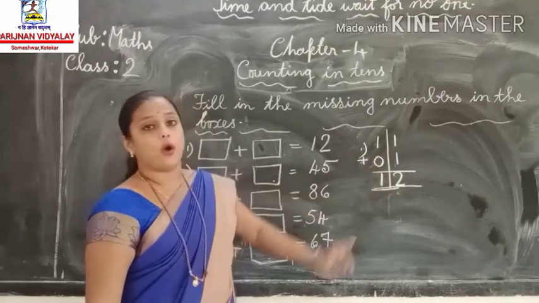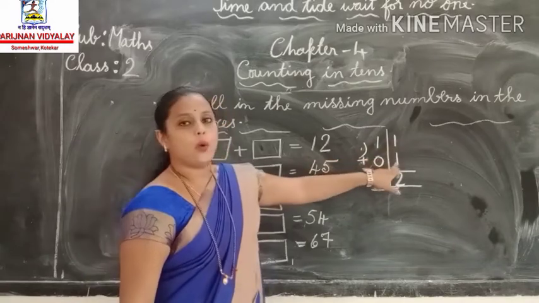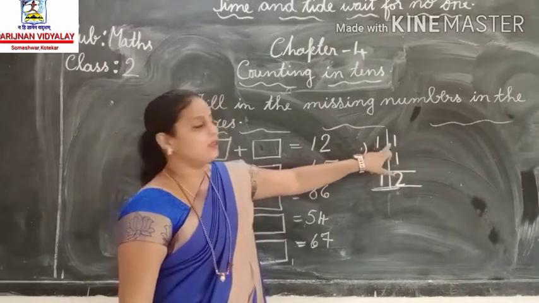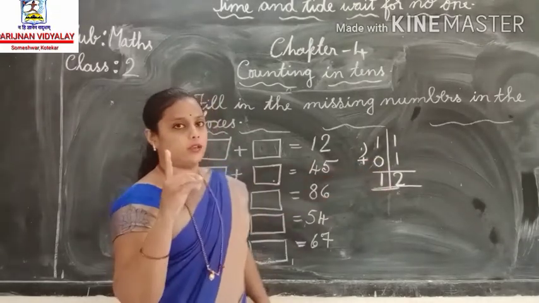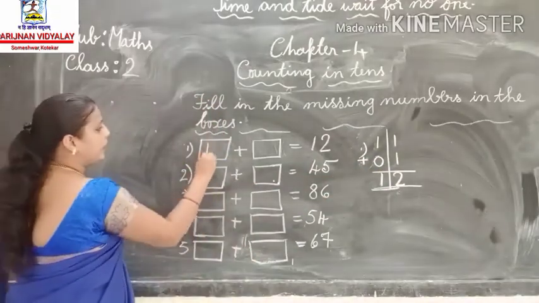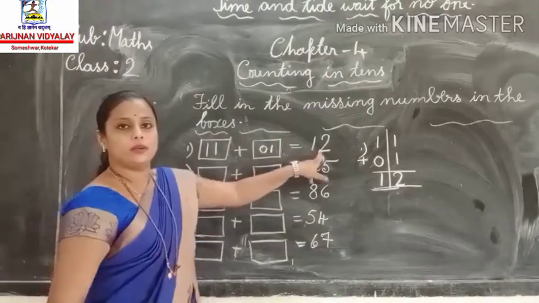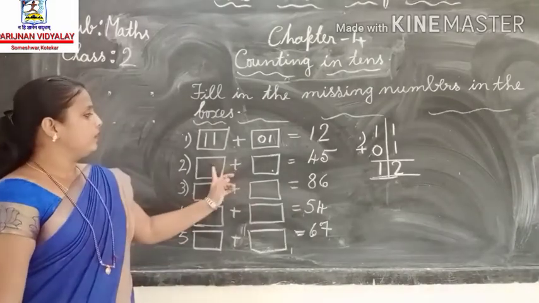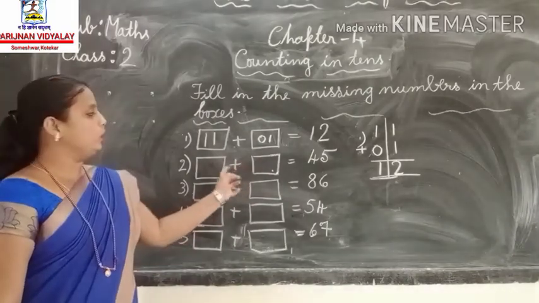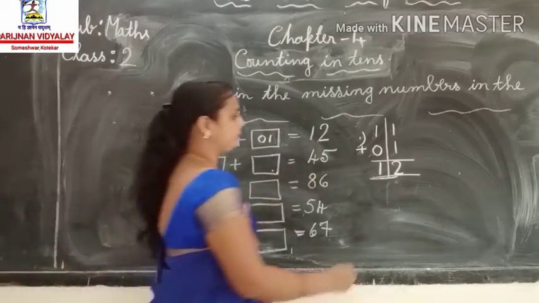So, here we got two numbers, that is 11 plus 1. 1 ten and 1 one, and here 0 tens and 1 one. So, you can write 11 plus 1 is equal to 12. Get the second one. We have to find two numbers again, but the answer should be 45.